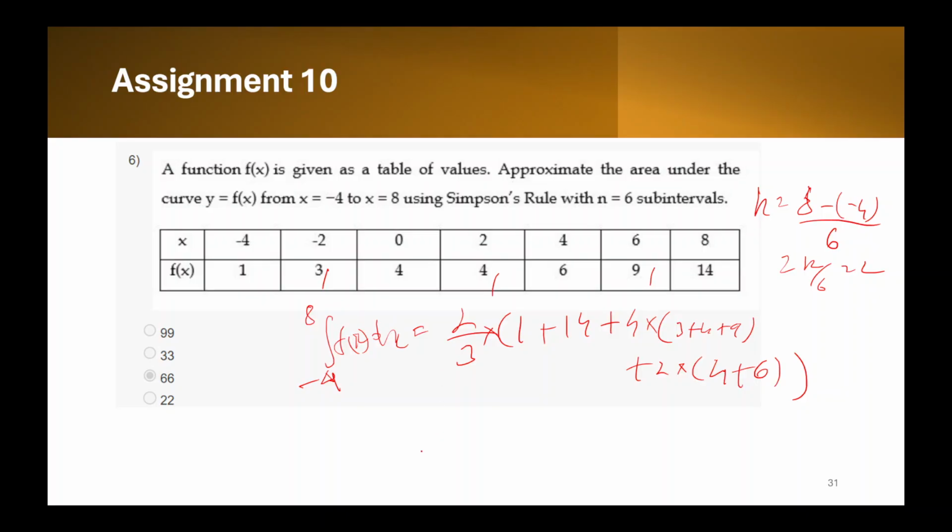This roughly comes out to be 66, or exactly 66.033. So the correct answer is 66.